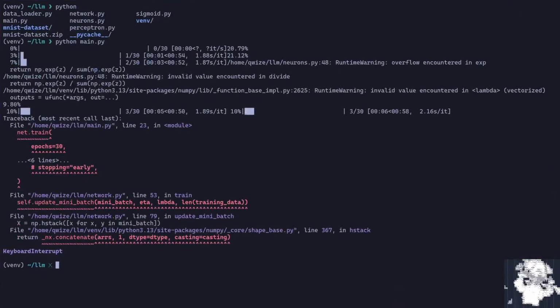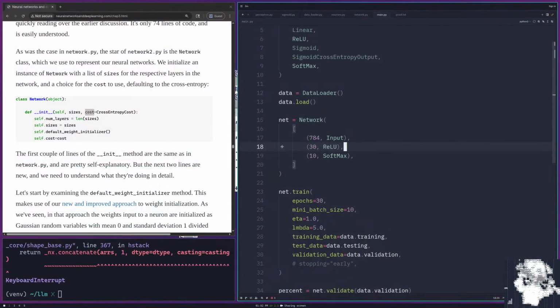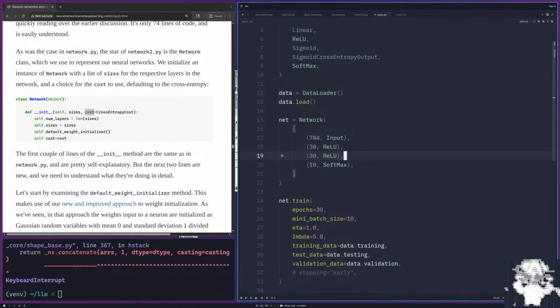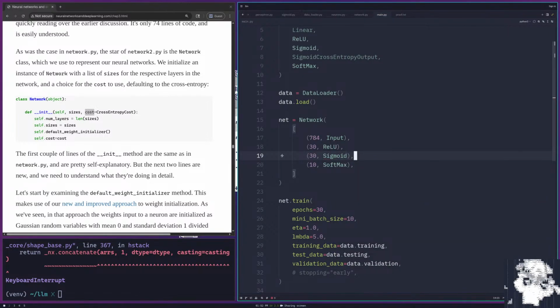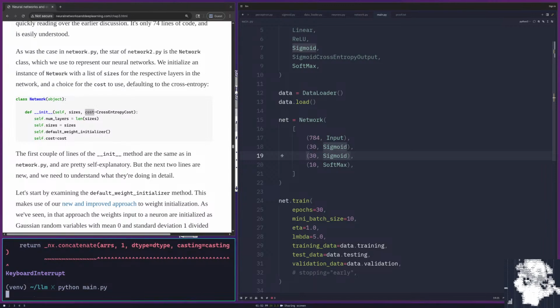Yeah, it doesn't like the division. Well, I want to try something weird. What if I had 2 layers? Let's try 30-30, sigmoid first.